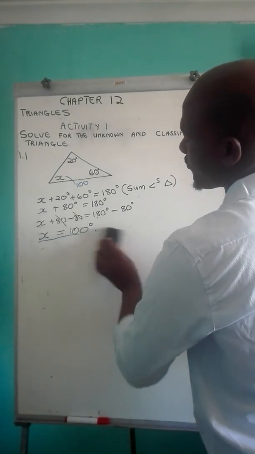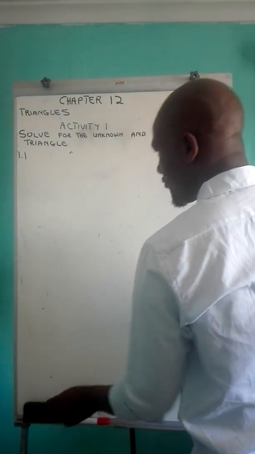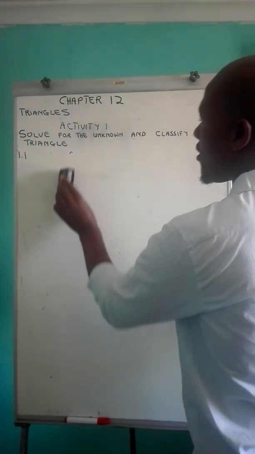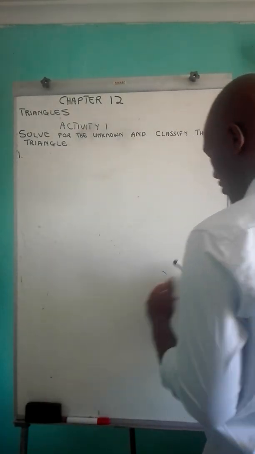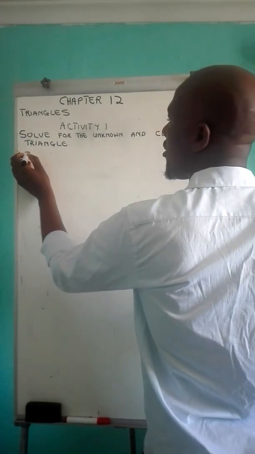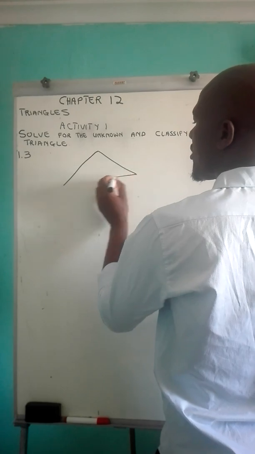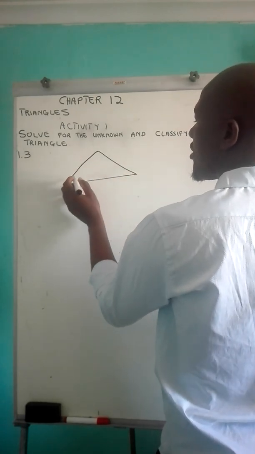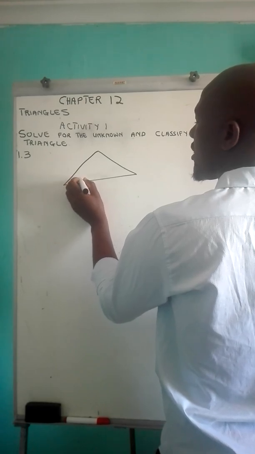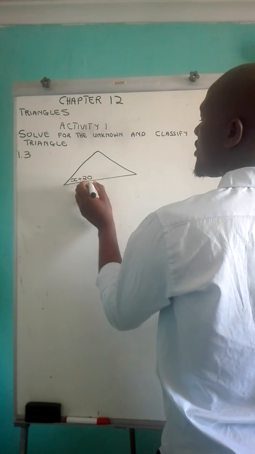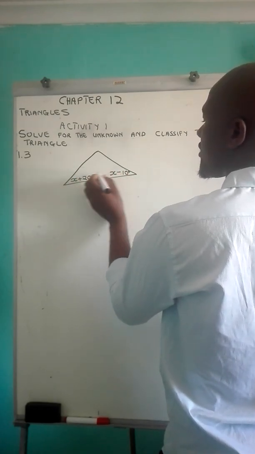1.3. Let's say this is x plus 20. This is x minus 10 degrees.